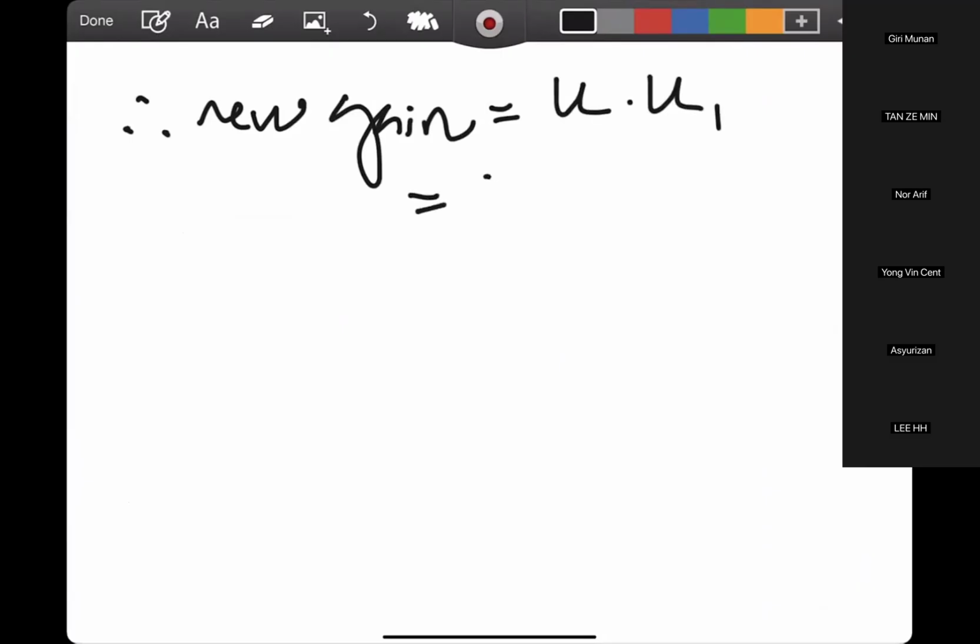Okay, so therefore, new gain is K multiplied by K1. K is 0.01 multiplied by 631. How much? 6.31.